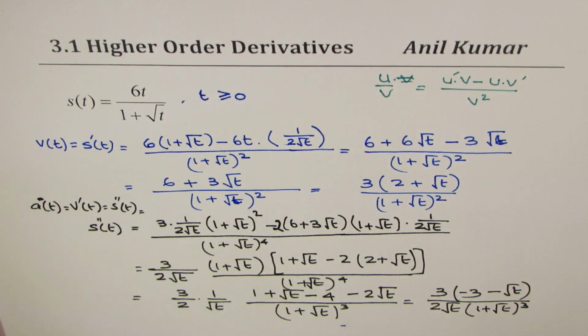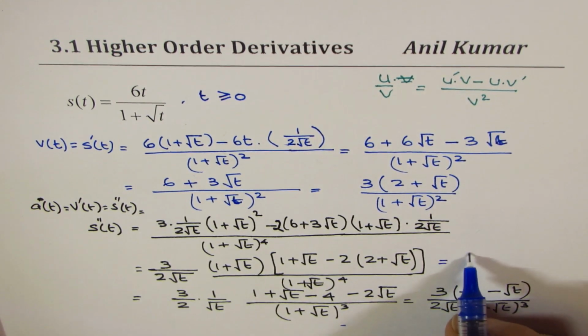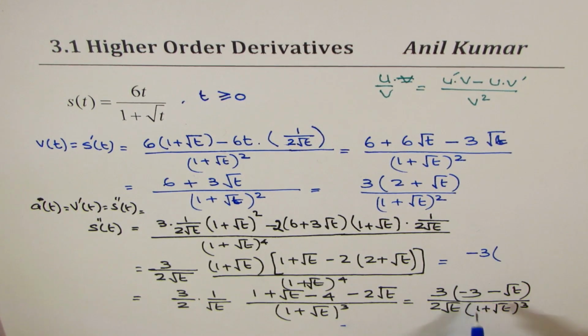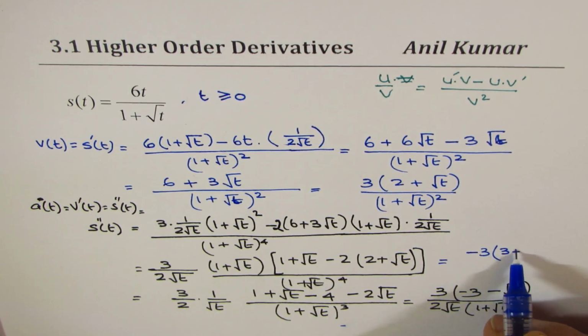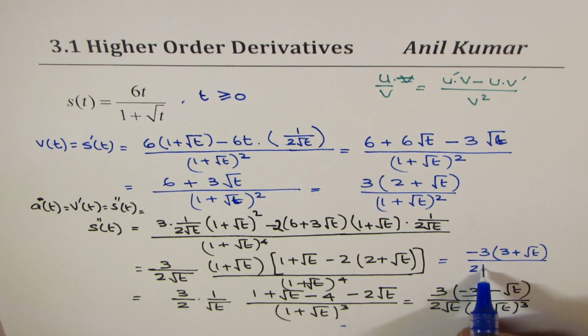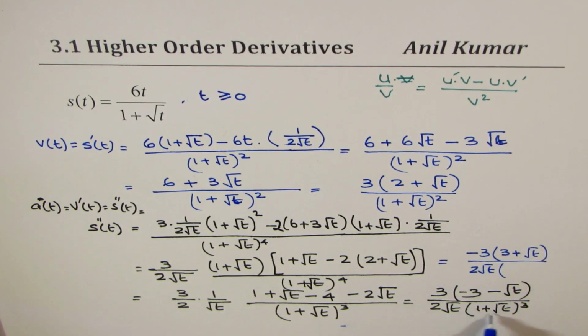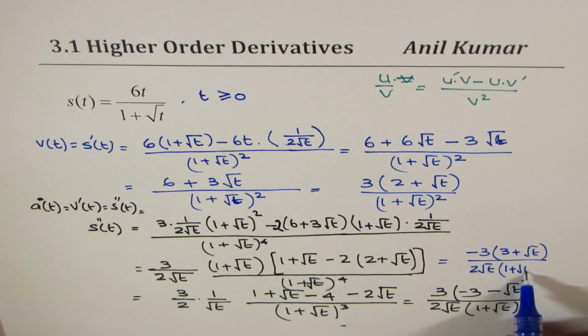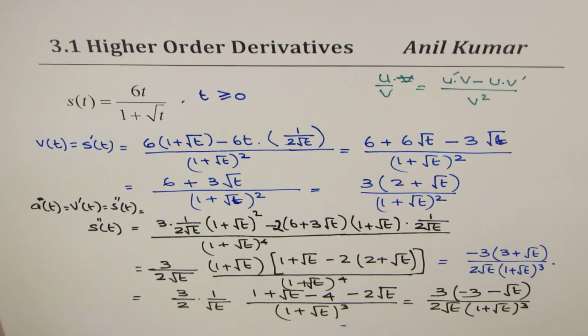We could take negative common. Is that okay? So we have negative 3 times 3 plus square root t over 2 square root t times 1 plus square root t whole cube. Correct? So that becomes the acceleration or the second derivative of this function.